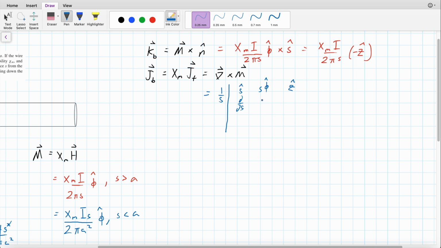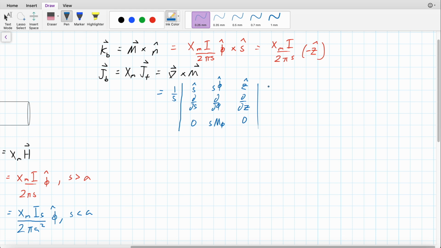Taking the derivative with respect to s, phi, and z, we have 0, s times our phi component, and 0 since there is no z component.